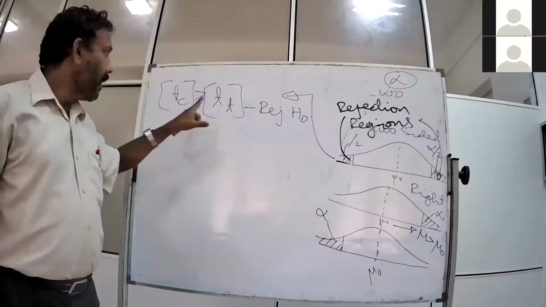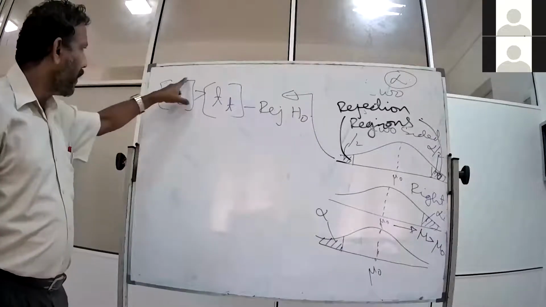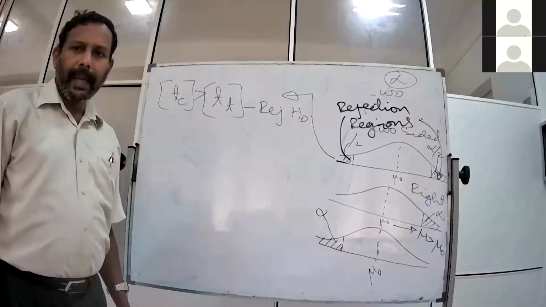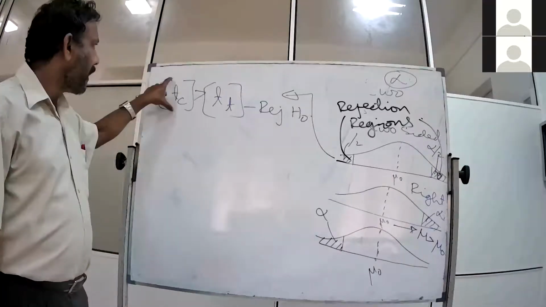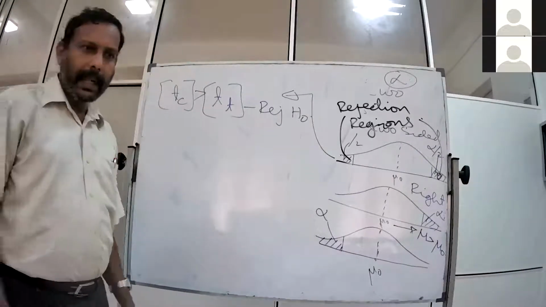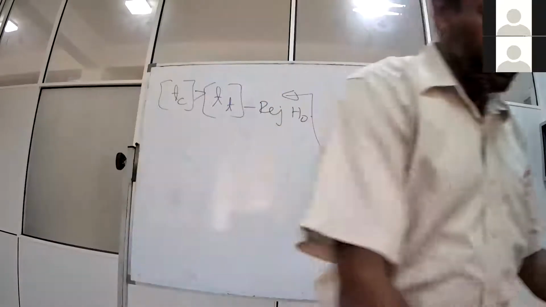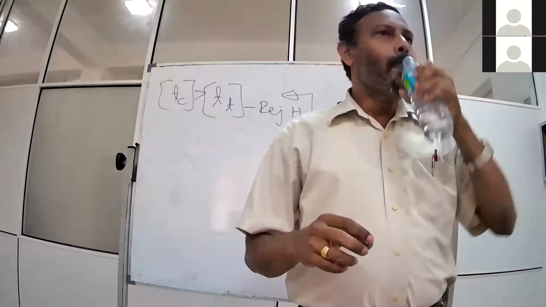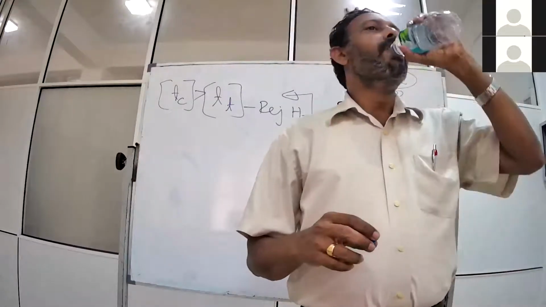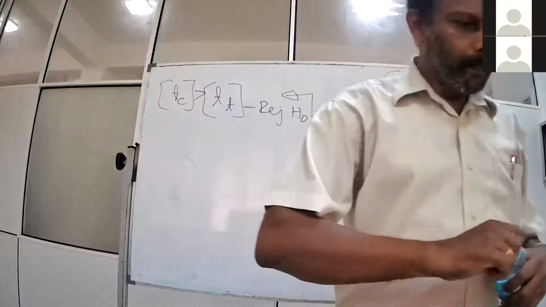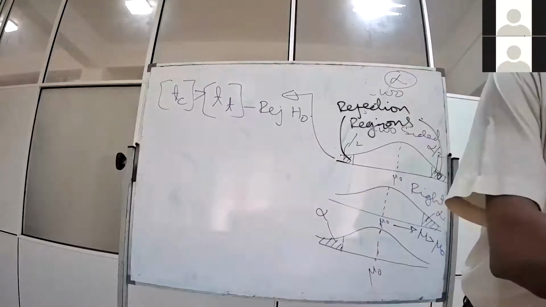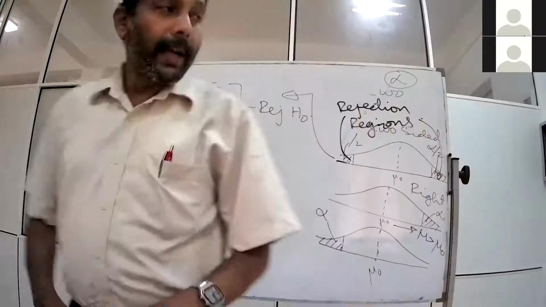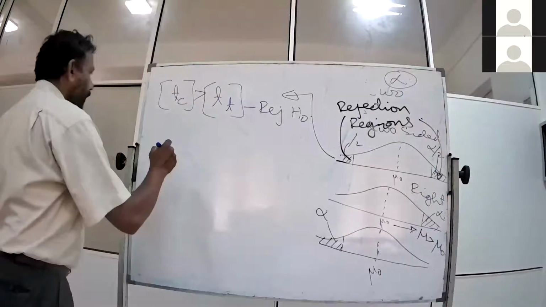Can you see this kind of parenthesis? What do you mean by that? Can somebody tell me? You might have seen this kind of parenthesis earlier. Have you seen it in mathematics?